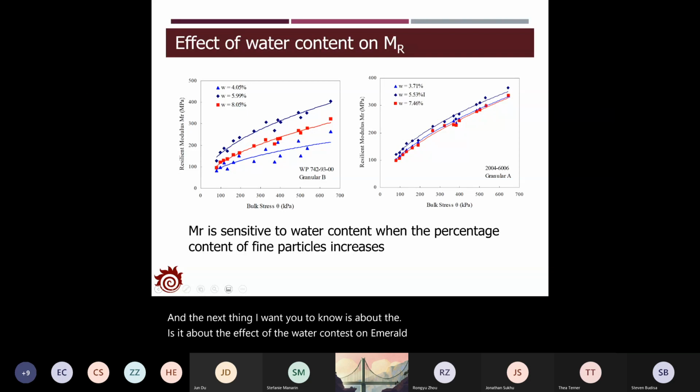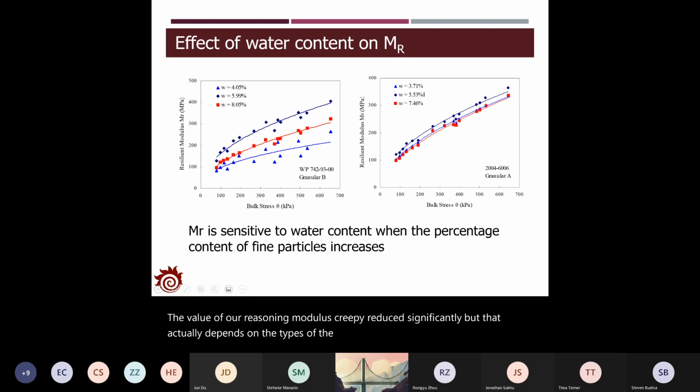As I described previously, the water contents have a significant impact on the MR values. By increasing the moisture contents, the value of the resilient modulus could be reduced significantly. But that actually depends on the types of the materials.